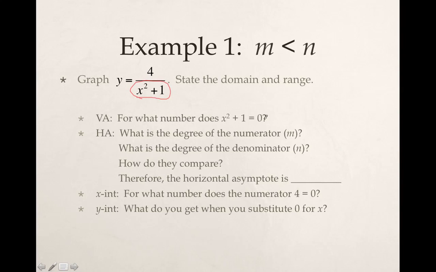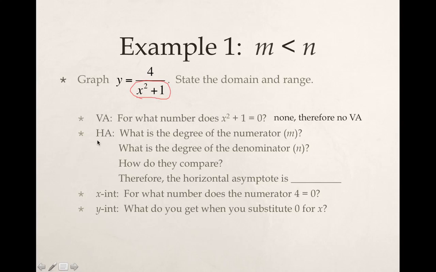Now if we actually solve this, we're going to subtract 1 from both sides and then take the square root, which is going to be the square root of -1, or i. Since we're not talking about complex numbers here in these problems, that really means that there is no number that's going to make x squared plus 1 equal 0. So if there's no solution for the equation, then that tells us there is no vertical asymptote in our graph.